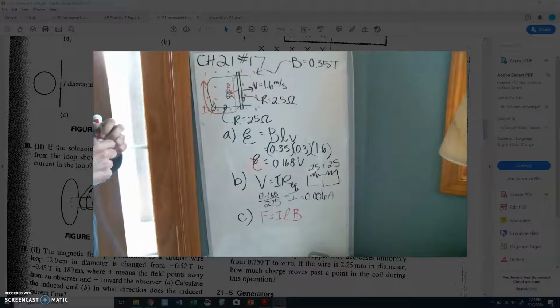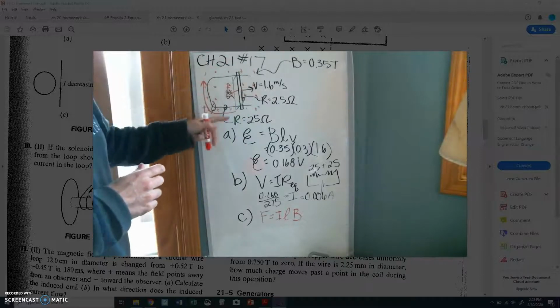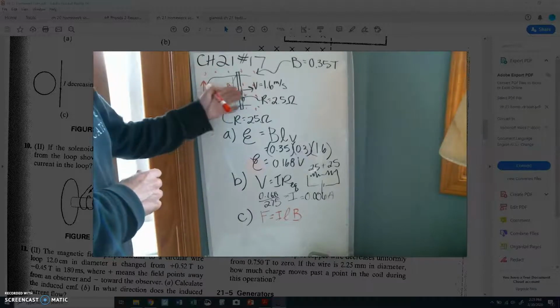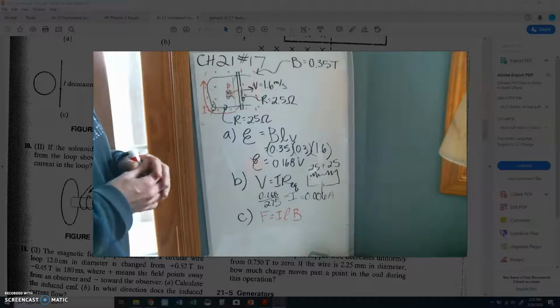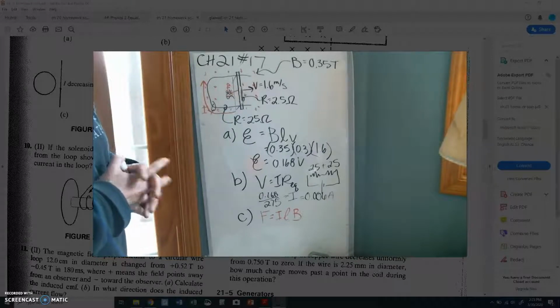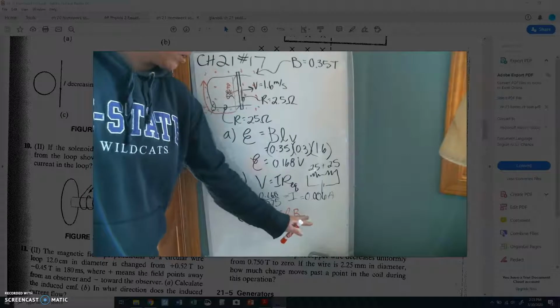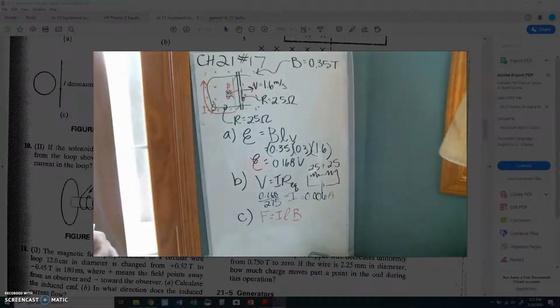We didn't really need to know the direction of the force and how to oppose it, but we did want to know current, length, and field strength. I'm trying to think if there's anything else we needed. Is that the correct equation? Let's just go back and double check.